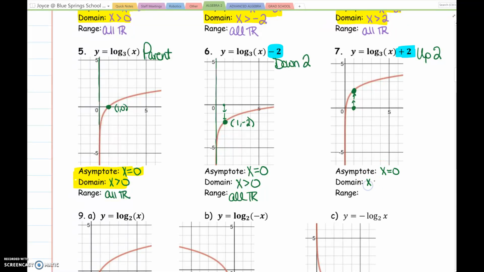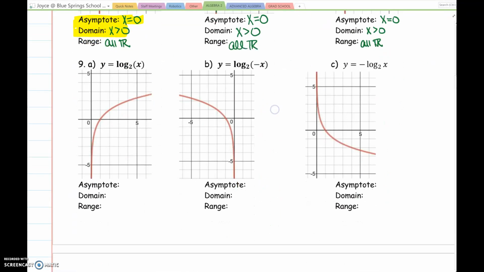Domain? Okay, range? All real numbers. Up and down does not affect the asymptote, only side to side. If you've got a vertical asymptote, side to side movement is going to shift that asymptote along with the graph. Up and down, you can move a vertical line up and down, it's still the same vertical line.